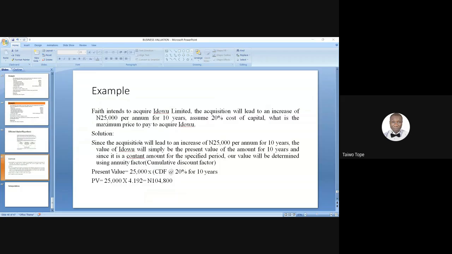That is what the question is asking you to determine: the maximum price to pay to acquire Idowu.